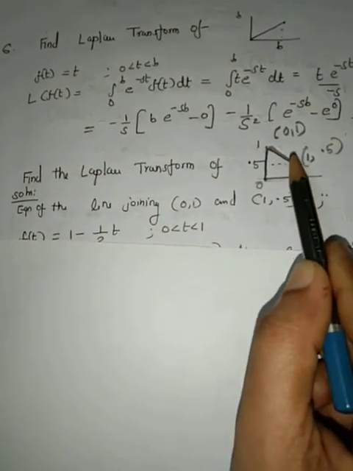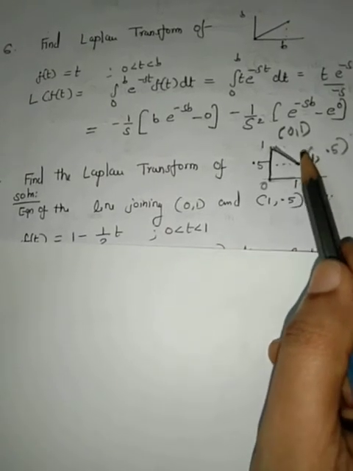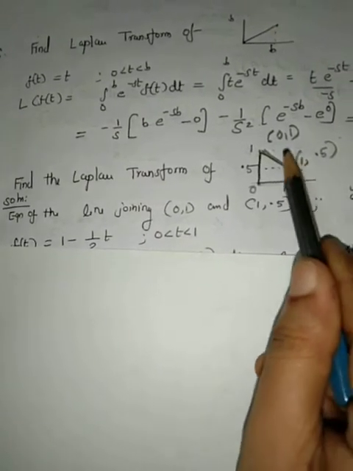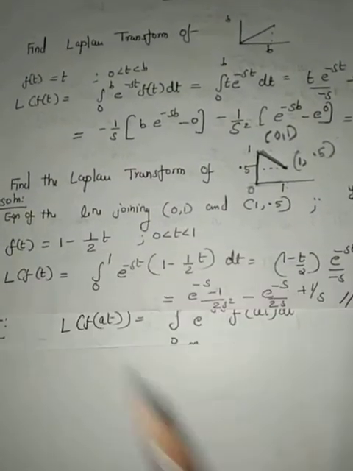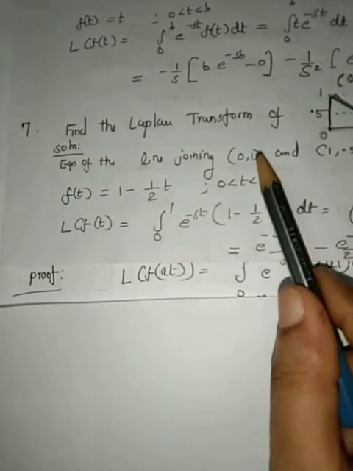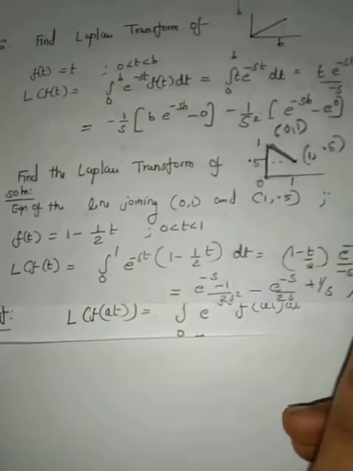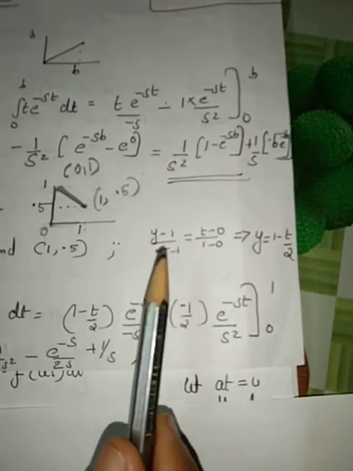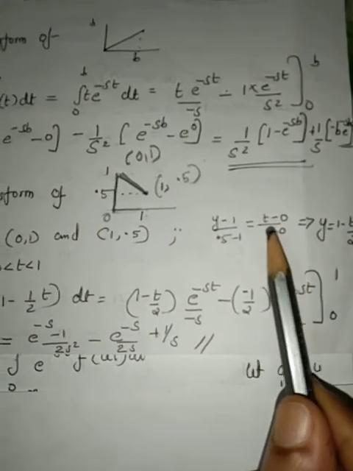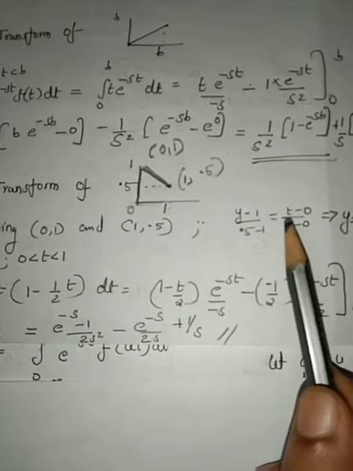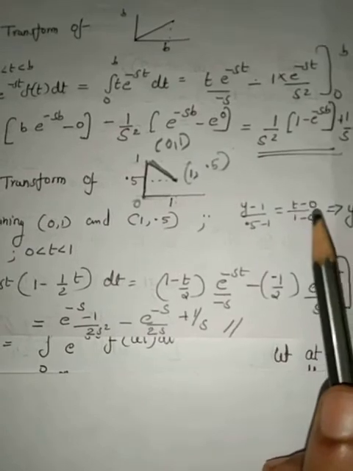So to find f of t, first we have to find the equation of the line joining 0, 1 and 1, 0.5. What is the equation of the line joining x1, y1 and x2, y2? It is x minus x1 divided by x2 minus x1 is equal to y minus y1 divided by y2 minus y1. But here instead of x, the variable is t.